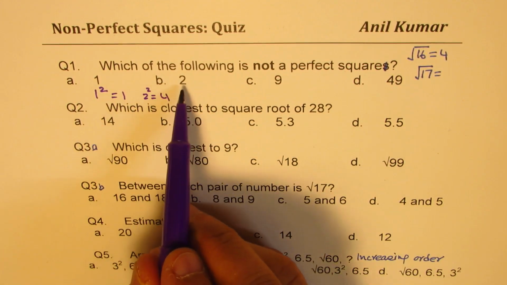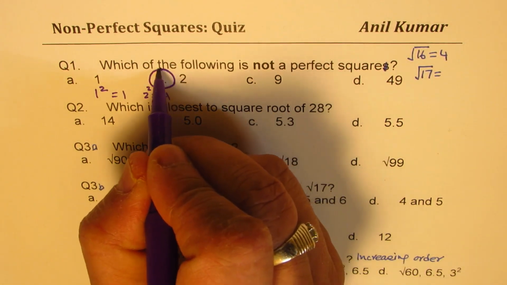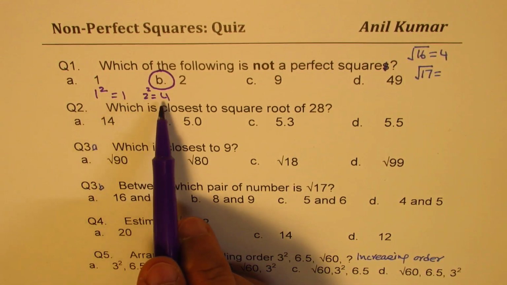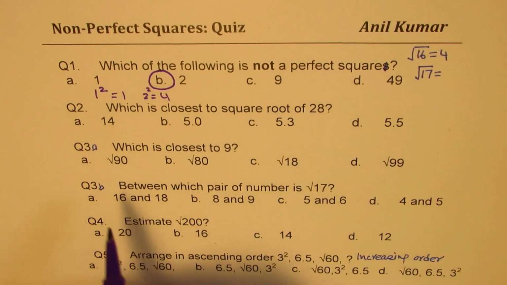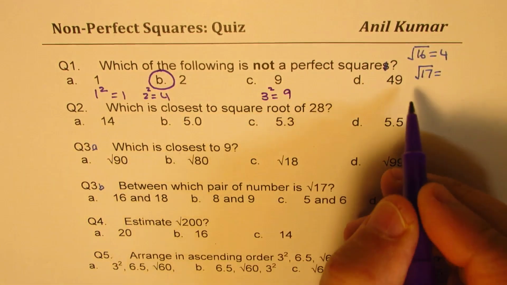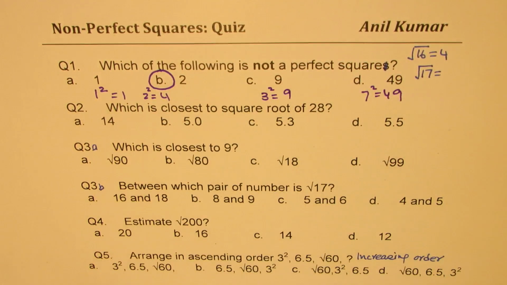We do not have any number whose square is 2, and therefore that is our answer. So in between 1 and 4, all the numbers are not perfect squares. Now this is 3 square, which is 9, and this is 7 square, which is 49. So all other numbers are perfect squares in this particular example, correct?